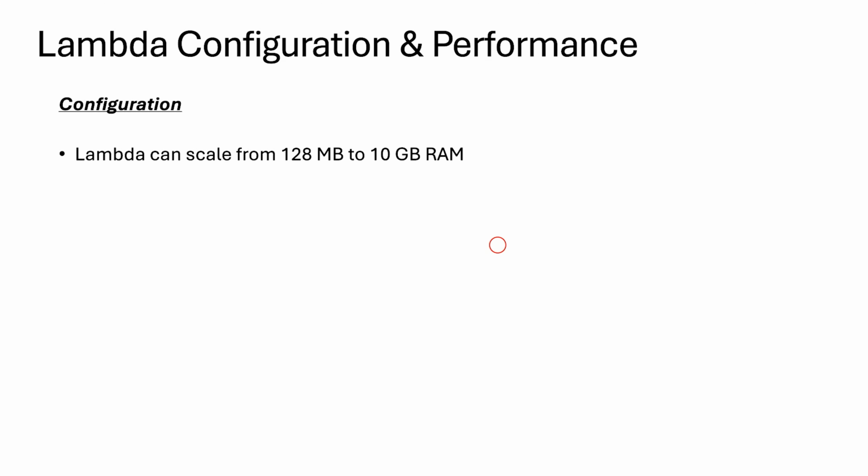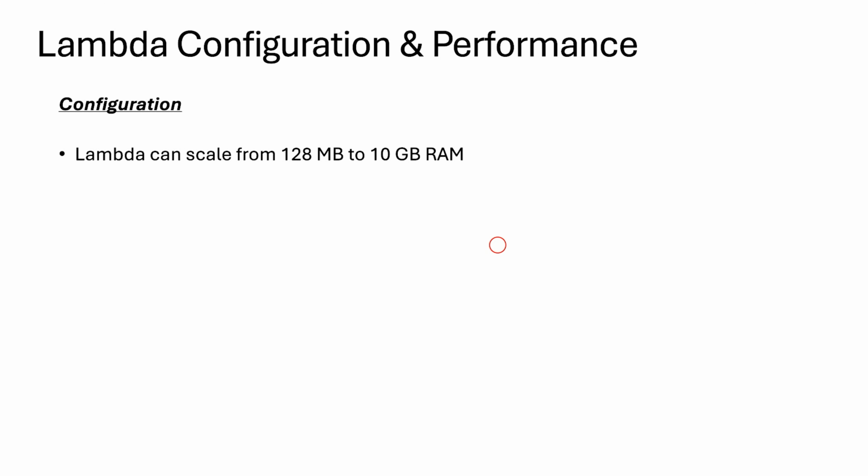The first one is that Lambda can scale from 128 MB to 10 GB RAM. Usually when you are creating a Lambda, you have an option to select the Lambda's RAM. So what is the RAM size?